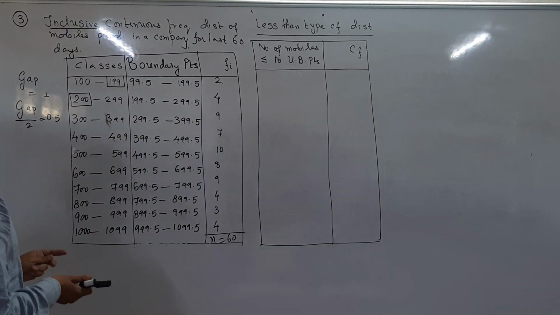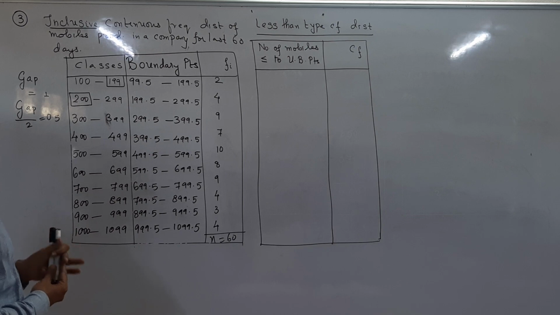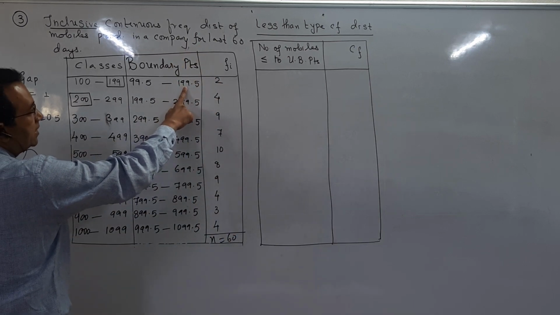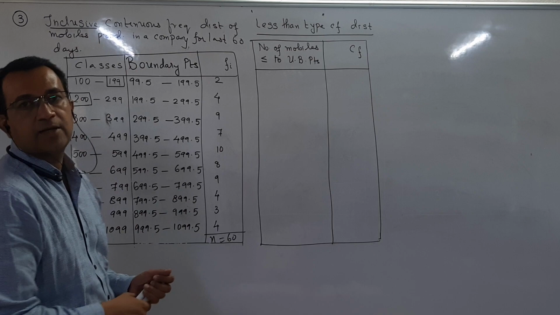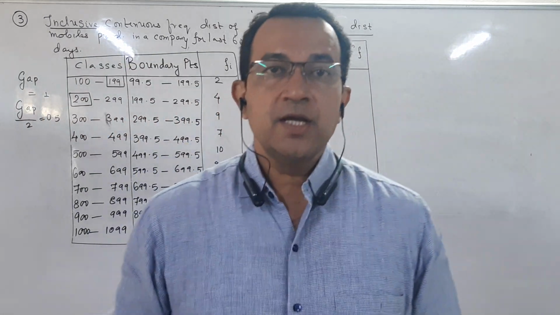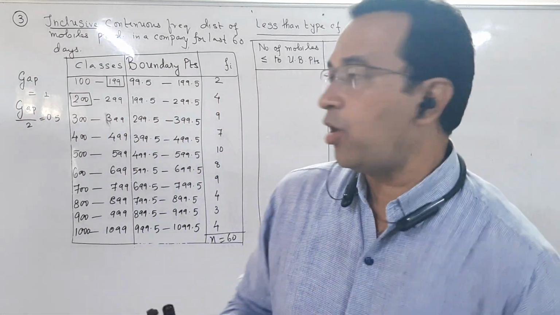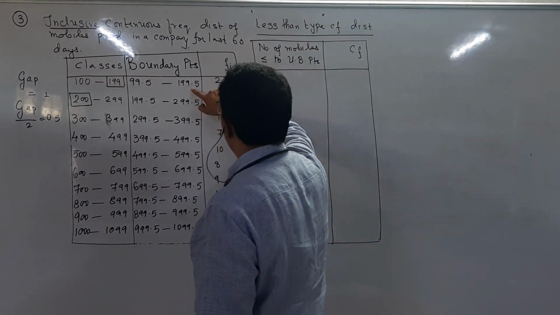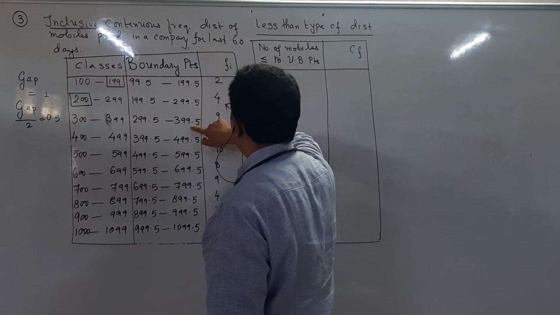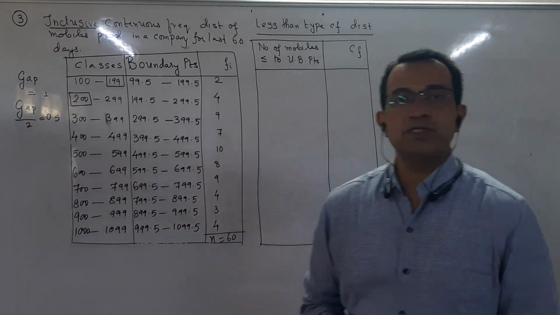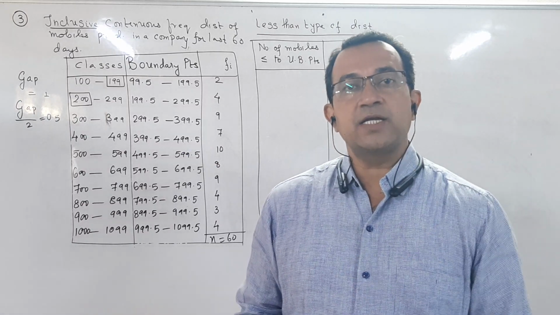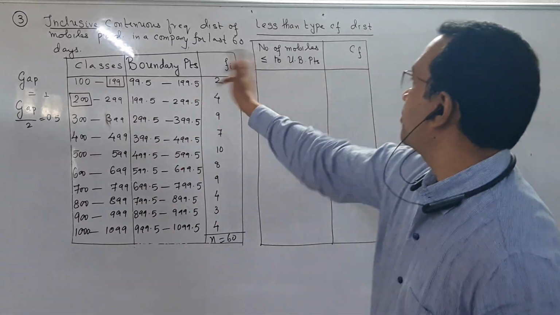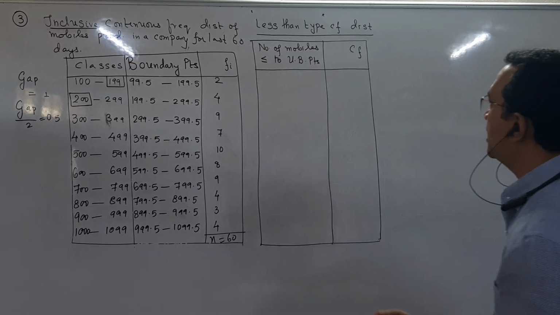Now, it is upper boundary points. Upper boundary point starts from 199.5, but we have to start with the value always before. So I have to start with 99.5. As such, we are using upper boundary points, and all upper boundary points are starting from 199.5, 299.5, 399.5 up to 1099.5. But a custom is to start with the value before them, and the boundary point before 199.5 is 99.5.